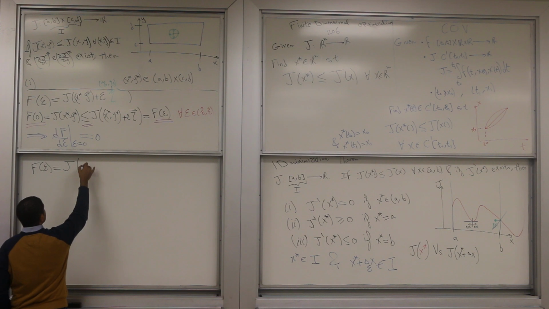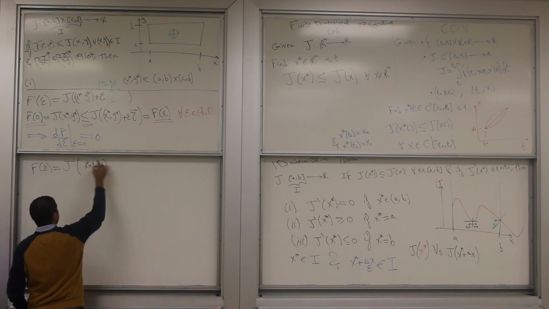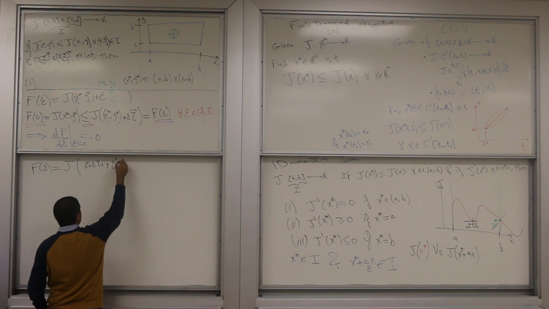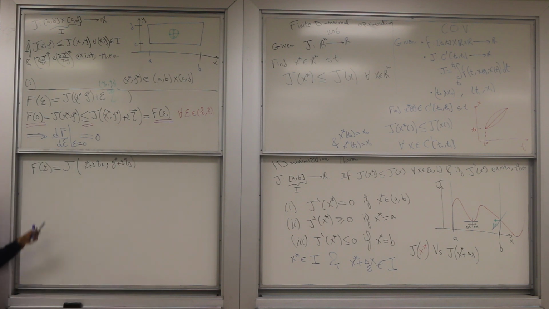So it's x star plus epsilon eta x, and y star plus epsilon eta y, right? Anybody has a problem if this is our f? Adding epsilon times eta to your minimum, just to make it clear so that when I'm doing the differentiation, I do it clearly.